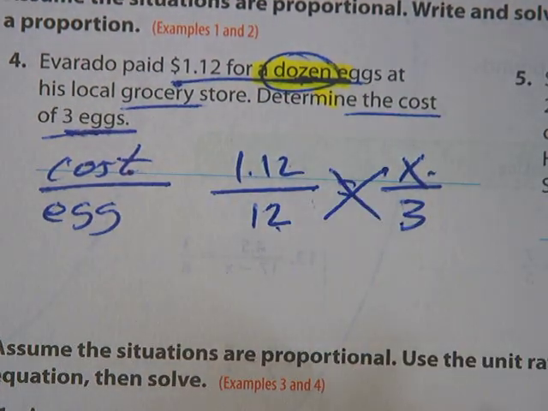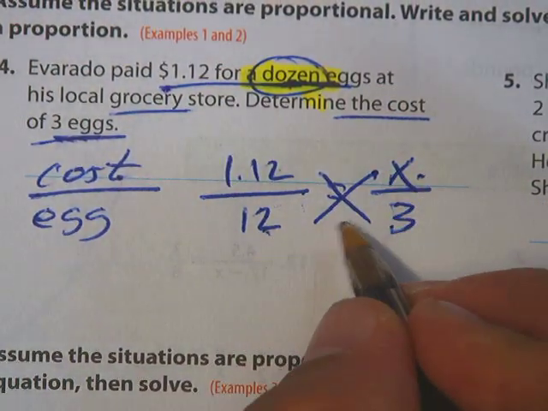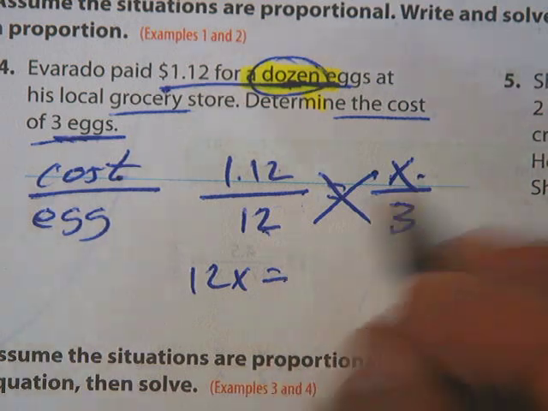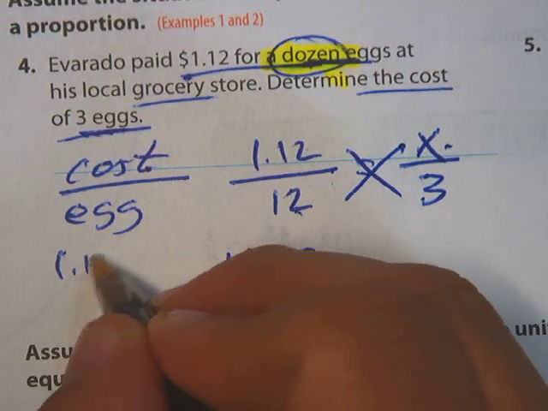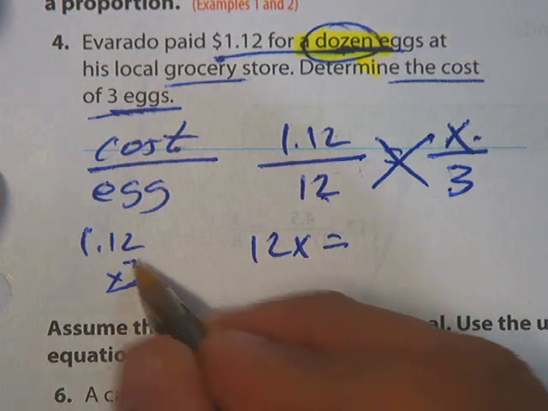Well, the 3 eggs would go here because we're talking about eggs. And then you would find the eggs, and all you do is cross multiply and divide. The same thing we did with the other problem. 12 times x is 12x. 1.12 times 3.